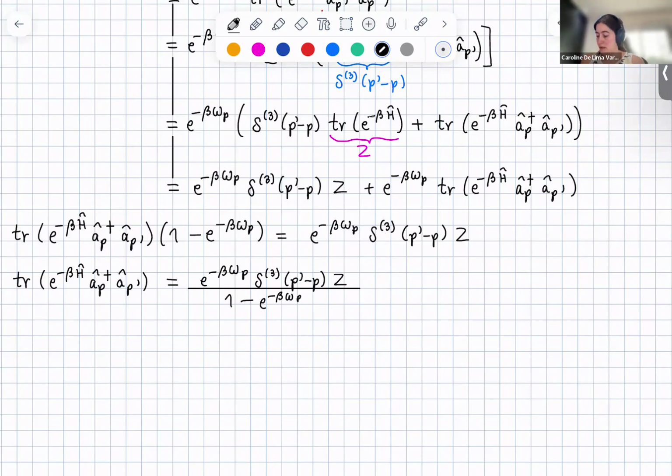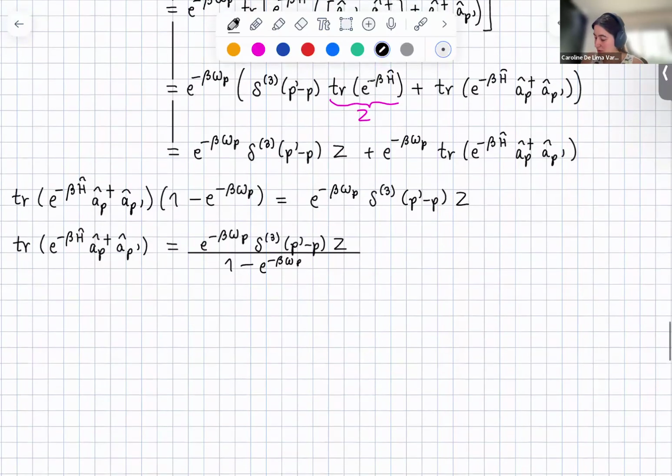Okay, is that fine? Did you guys follow? To write it in a nicer way, I'll just multiply everything by e to the power of beta omega_p, so I get rid of this prefactor in the numerator.